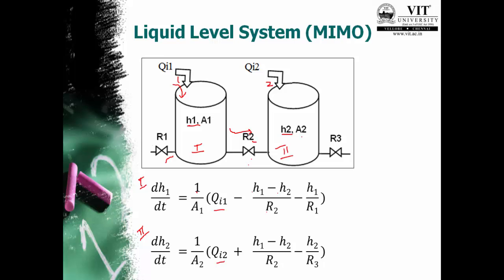So this is also inlet now. So plus (H1 minus H2) by R2, minus we have an outlet through the third valve, so minus H2 by R3. So this way you can write the ODE equations for multi-input multi-output case.